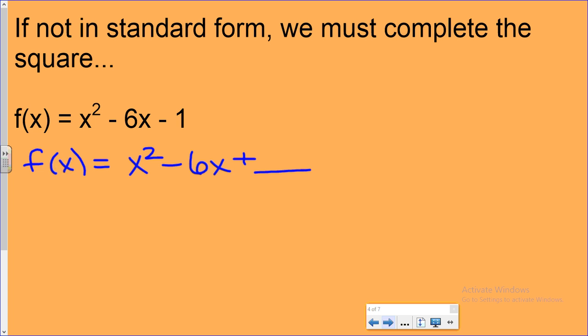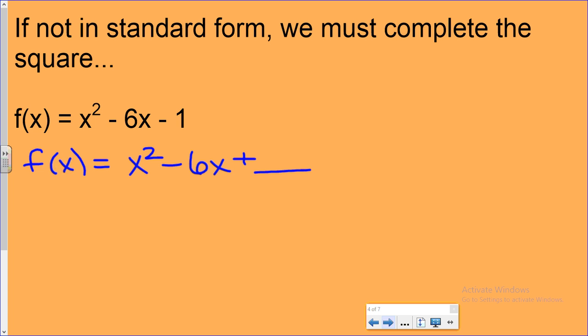X squared plus 10x plus 25. What does that factor to? X plus 5 times x plus 5. X squared plus 10x plus 25 is called a perfect square trinomial because we can factor it into something squared, this binomial squared, okay? So we basically want a mystery number to force that to happen, okay?